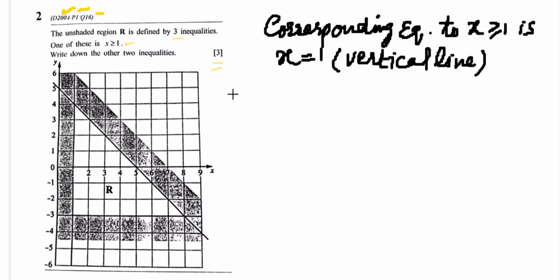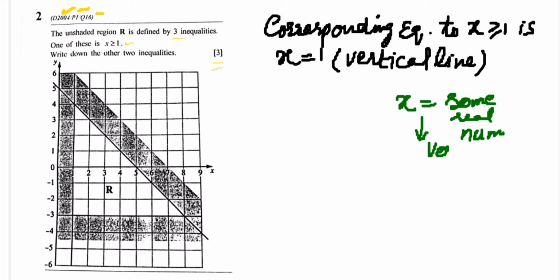Throughout the lecture, always remember, we will discuss three types of line. One is x equal to some real number. Graphically, this line shows a vertical line.